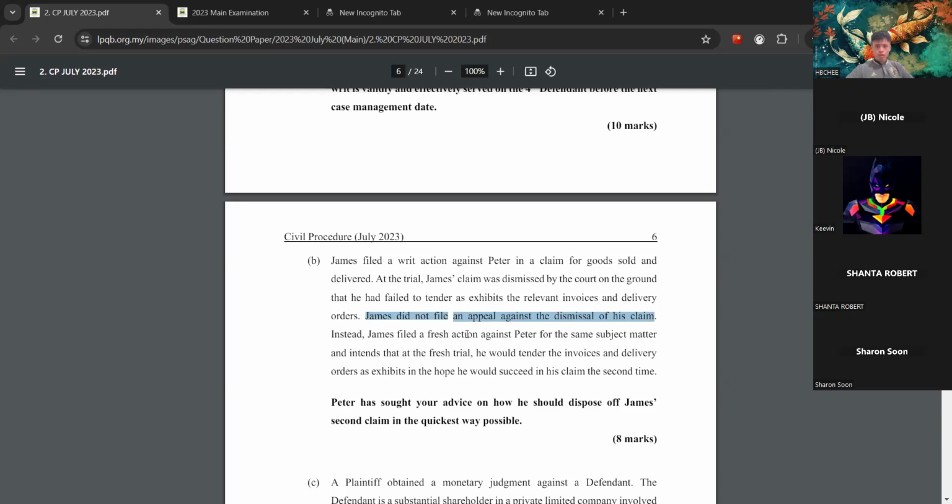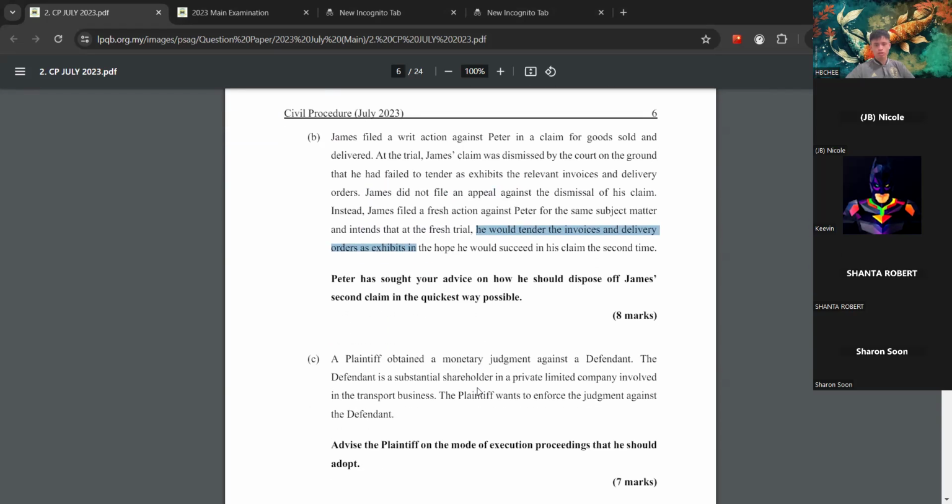Instead, he has filed a fresh action against Peter for the same subject matter and intends that at the fresh trial, he will tender the invoices and the DO as exhibits in the hope he would succeed in his claim the second time. So now Peter sought your advice on how he should dispose of James' second claim in the quickest way possible.